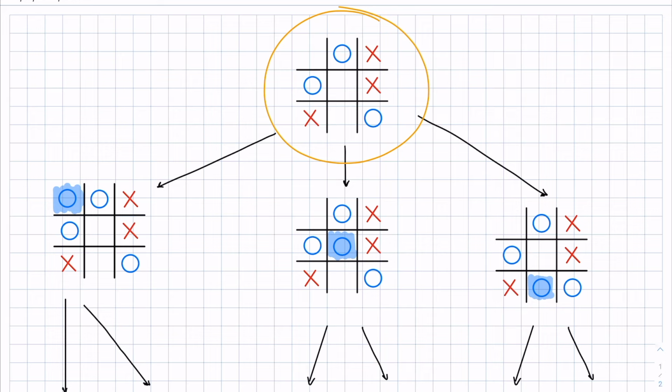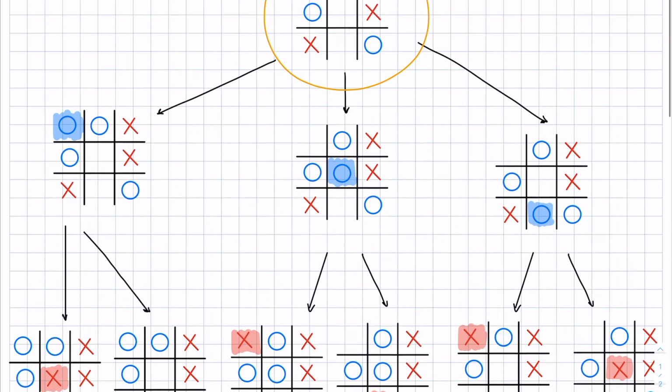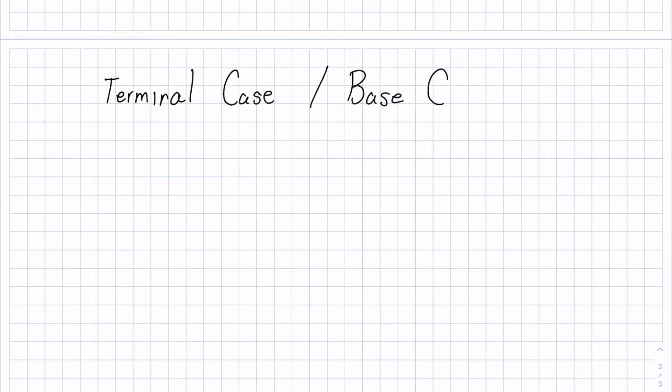So yeah, before I start with the explanation, I want you to have clear two concepts. The first one is gonna be something called the terminal case. This is also called the base case. So in Tic Tac Toe we have 3 terminal cases. The first one is when the player 1 wins.